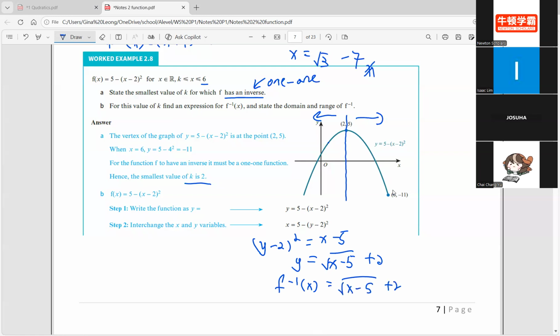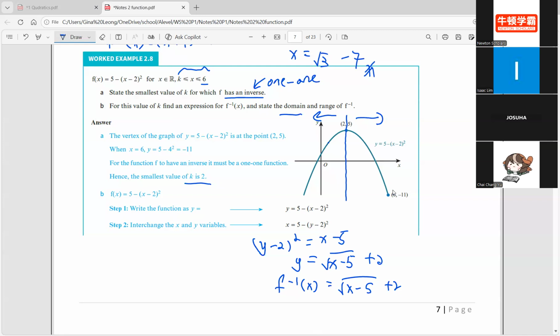After that, we need to find the domain and the range. We can consider this one. This one is your domain. So when this is the domain, I know that should be my range.